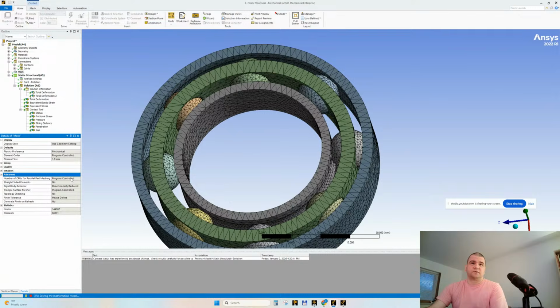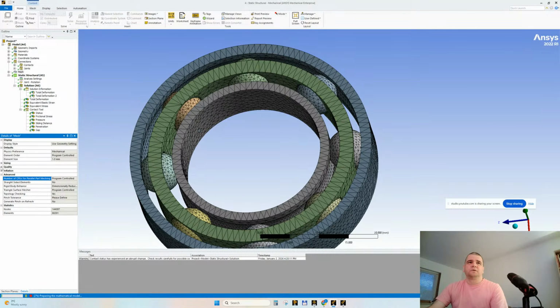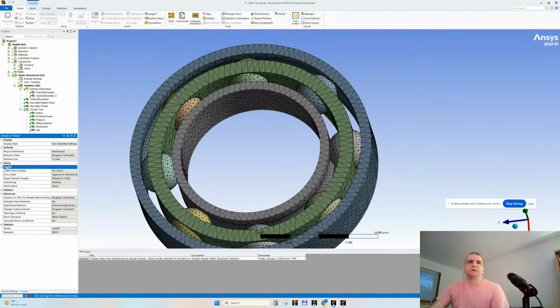Also, coarse mesh makes the meshing process faster. So number of cores here and coarse mesh. I leave it program controls because sincerely I don't see any difference. Also, look here at the quality. For smoothing, if you want faster meshing, you can select coarse.